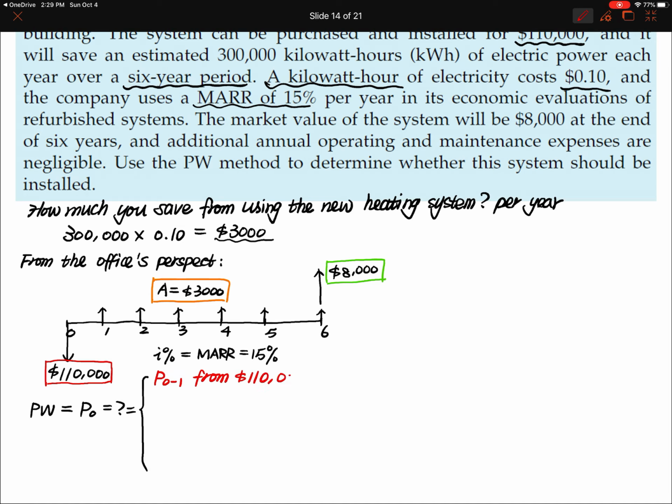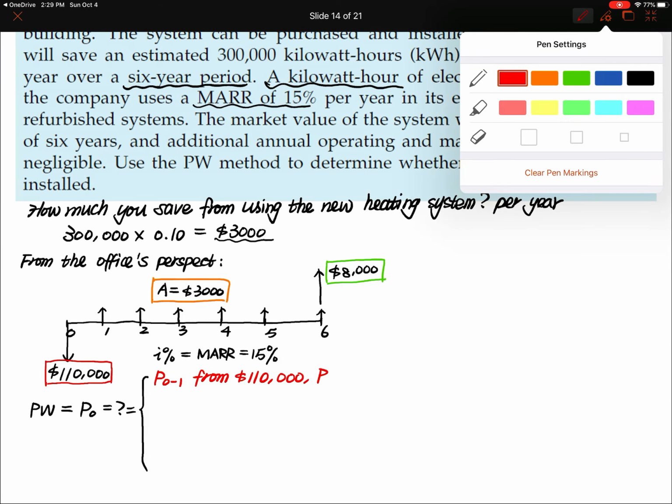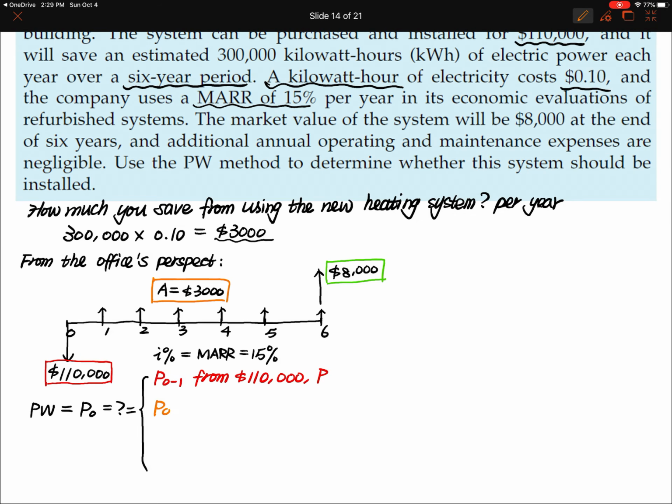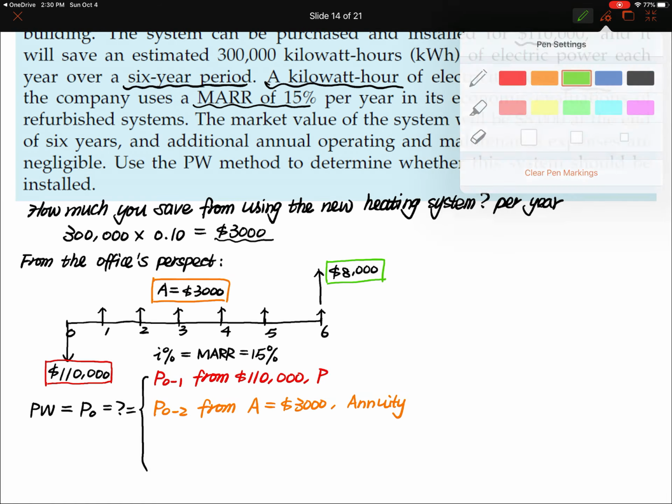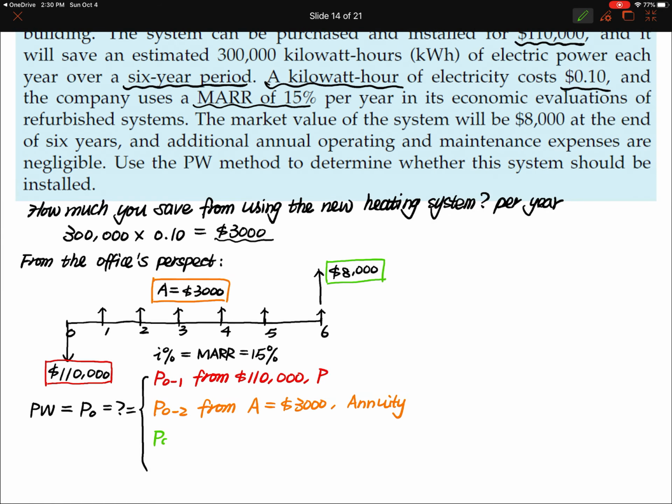Okay, so you do the same thing. You have P01, which is from the 110,000. It is the present value, okay? And you also have the part 2, which is from the annuity, equals 3,000, and it is an annuity. Okay?